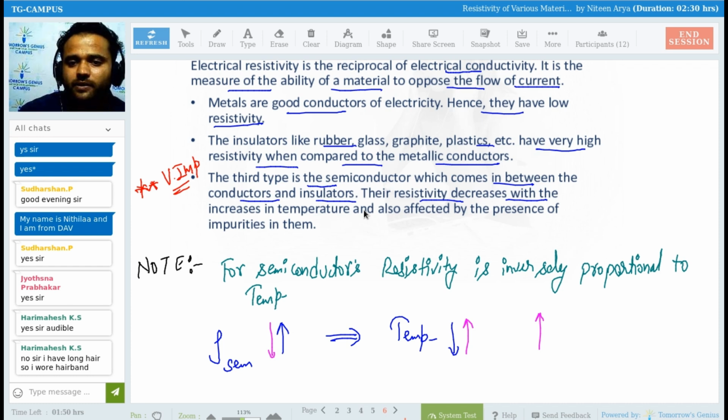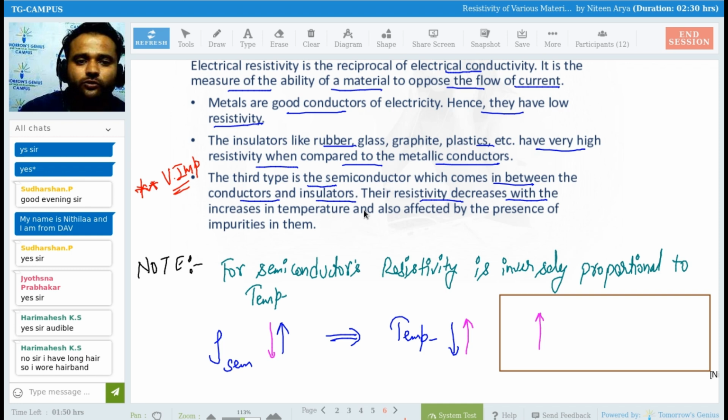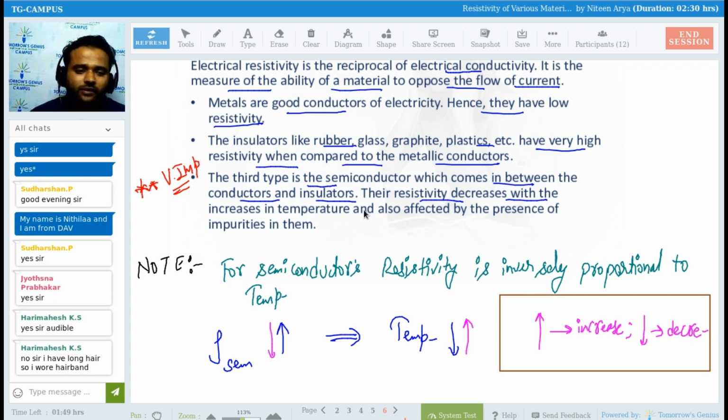Sorry, beta, give me a minute. Let me explain to the new student: the upward arrow means increase, and the downward arrow means decrease. Is this clear, everyone?